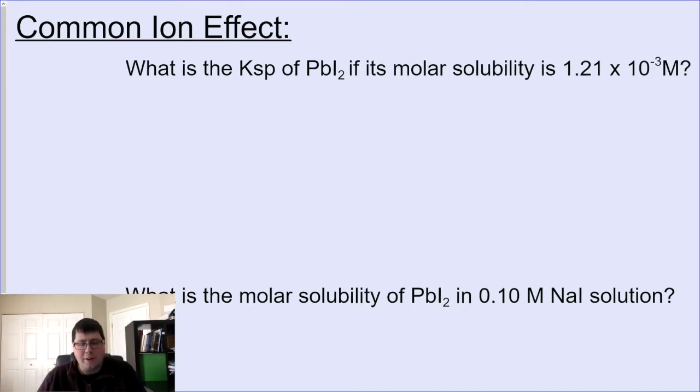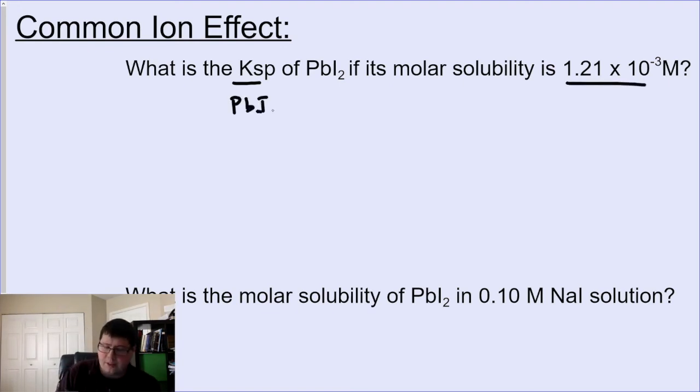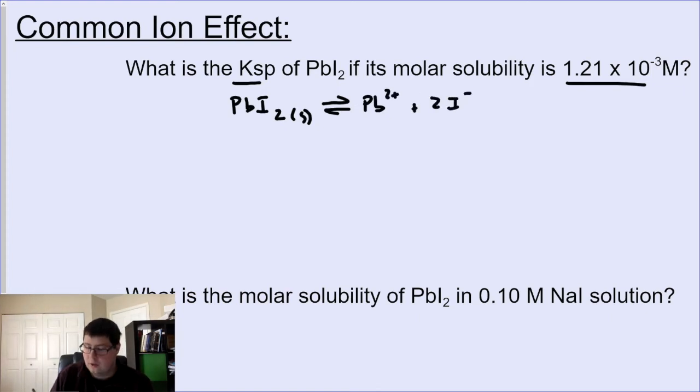We're first going to take a look, though, at an example of how to calculate KSP given the molar solubility of a salt. So what you do is go ahead and write out the solubility expression for our lead iodide. It's going to be a solid that's going to be in equilibrium with the ions Pb2+ and 2 I-. We then can go ahead and set up our ICE table.